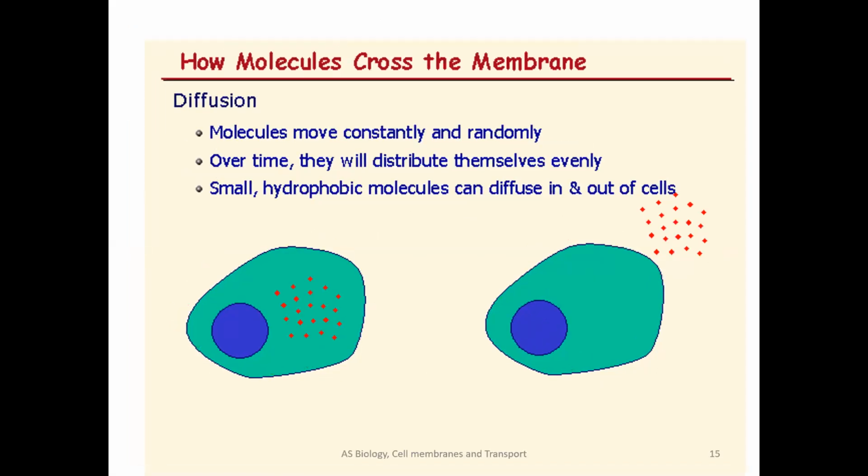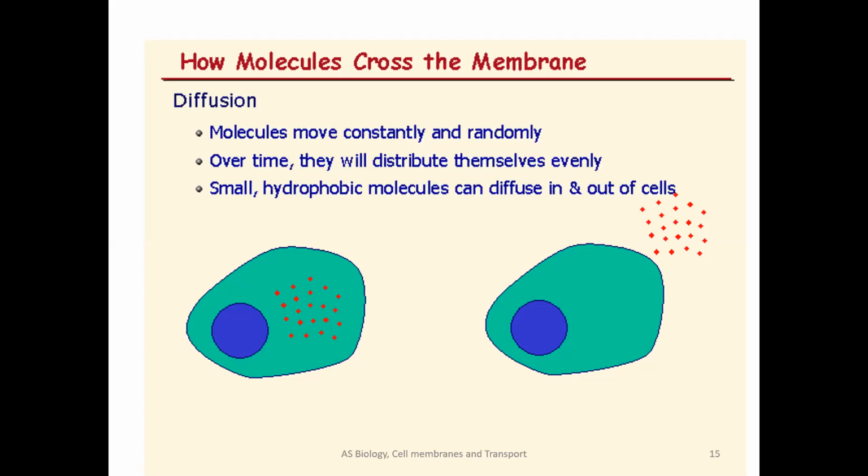See, in both mechanisms, it is not only from outside the cells to inside the cells. If molecules are in higher concentration, for example, some toxic compound like carbon dioxide gas, which is released by the cells, if it is in higher concentration inside the cells, then it is released outside.